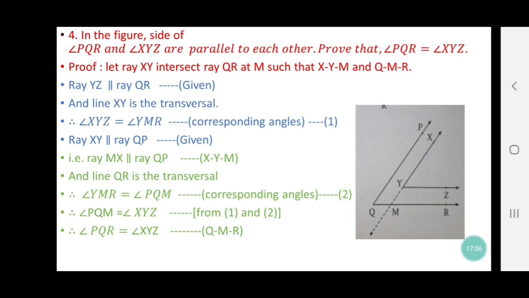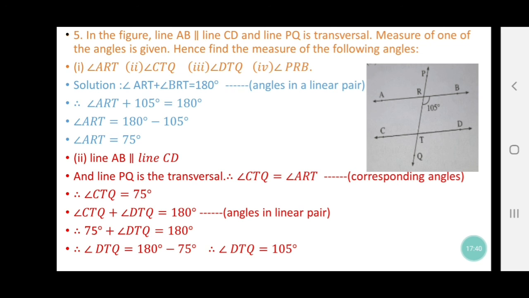Now we move on to the next problem, the last problem of the exercise, in which one measure is given and you have to find out the measures of the respective angles, that is angle ART, angle CTQ, angle DTQ, angle PRB. The very first one we are going to find out is angle ART.